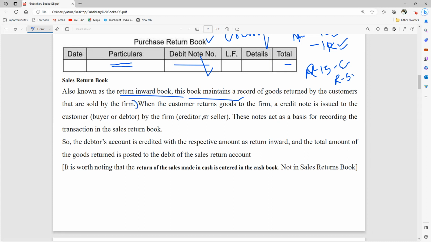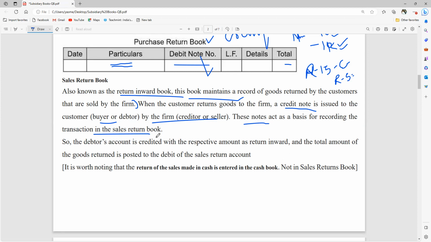When the customer returns the goods to the firm, a credit note is issued to the customer, a buyer or a debtor. So these notes act as a basis for recording the transaction in the sales return book.